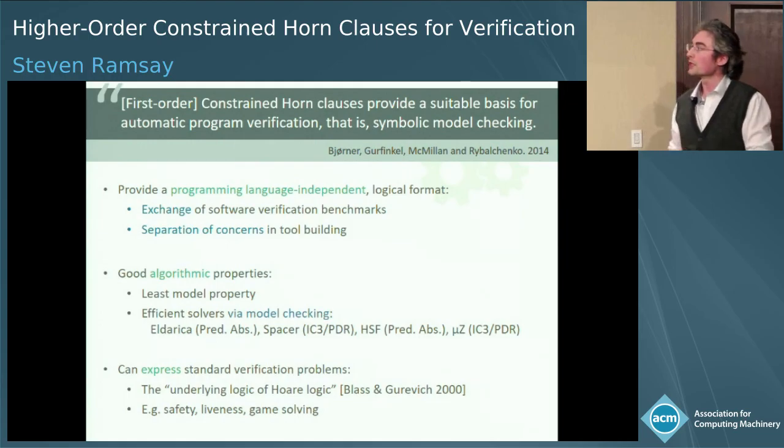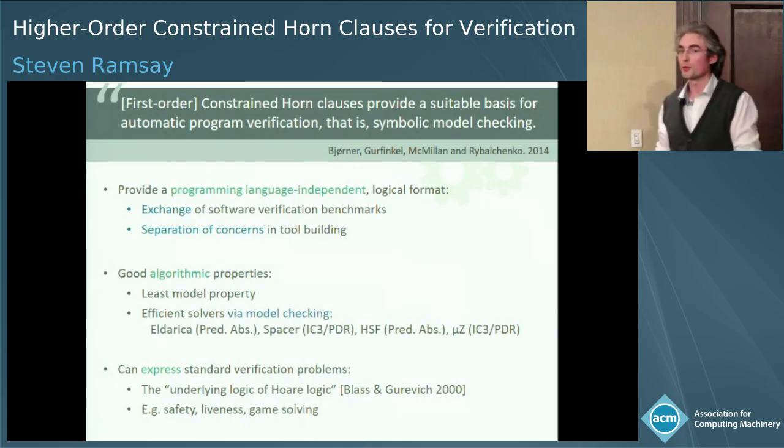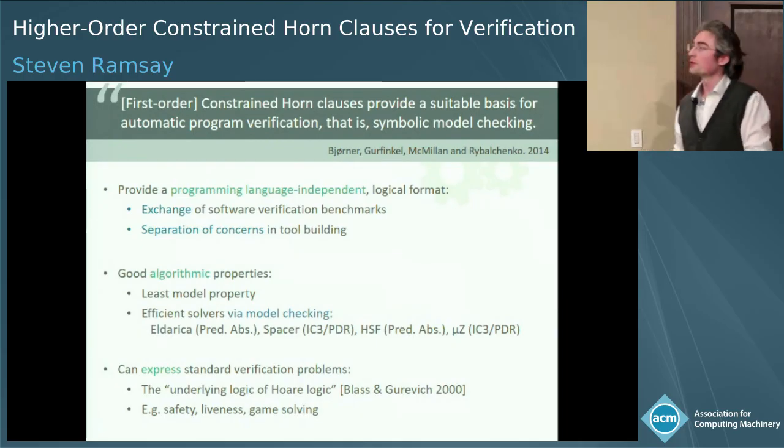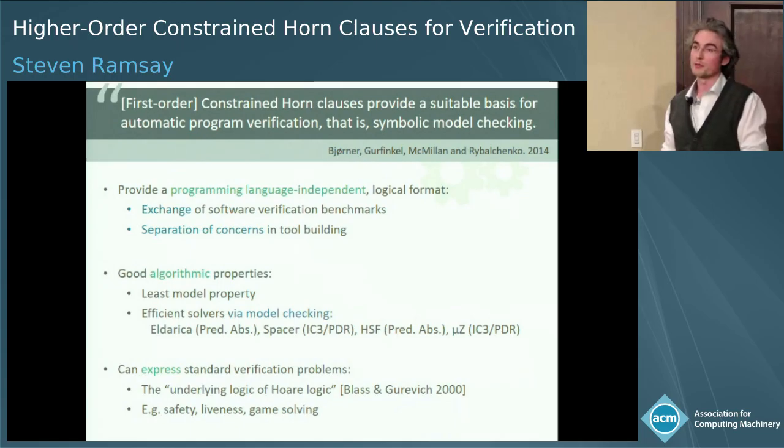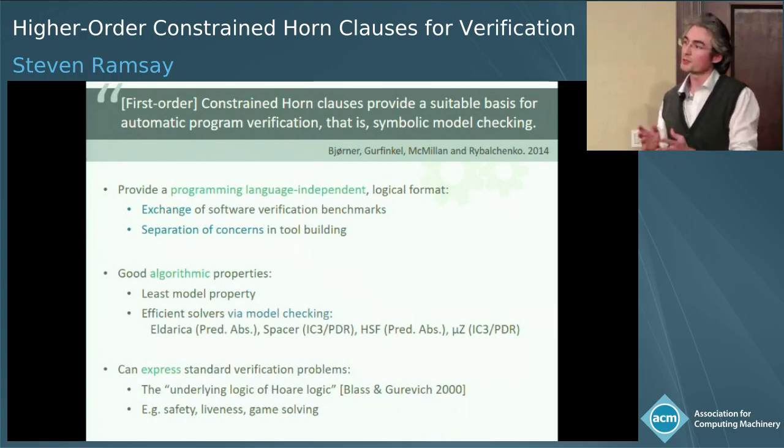Although satisfiability for this class of formulas is typically undecidable, they do have the least model property, which means that if you have a system of clauses that is satisfiable, then there will be a least satisfying assignment, where least means in the subset order, the size of relations.